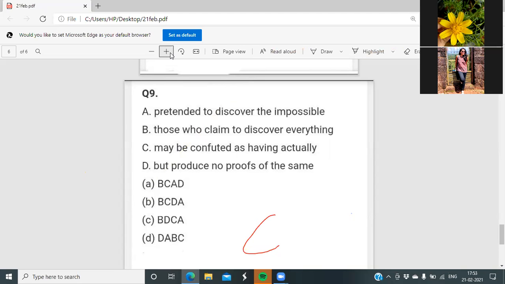I see that some of you have answered option A and B. Let's go with it. B: those who claim to discover everything may be confused as having actually pretended to discover the impossible but produced no proofs of the same. What do you think? Is it the correct framework of the statement?